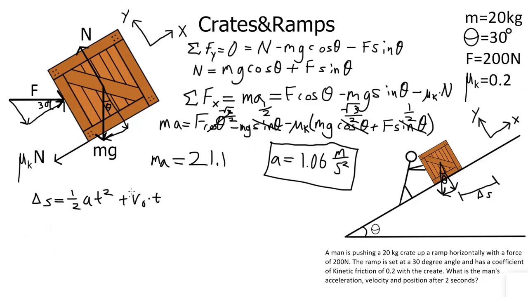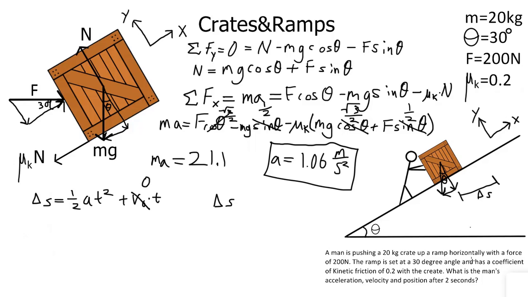Another thing I didn't note when doing this problem is that the velocity is 0 initially. The man is starting from rest, which is typically the case, and it would say that in the problem. So this is just going to be 0, and then delta s is just going to equal a half times a t squared.